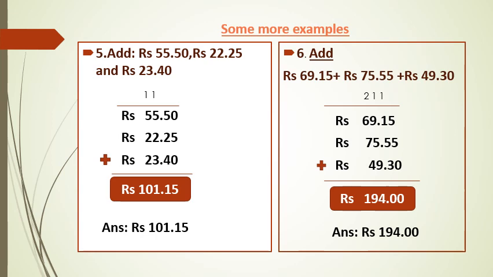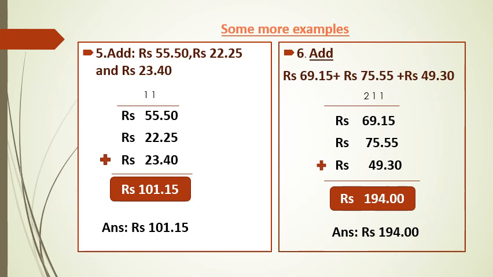So in the next column, we are getting 1 plus 5 plus 2 plus 3 is equal to 11 once again. So we are going to write 1 over here and another one will be carried to next column. In the next column, we are getting 1 plus 5 plus 2 plus 2. So it will be 10.